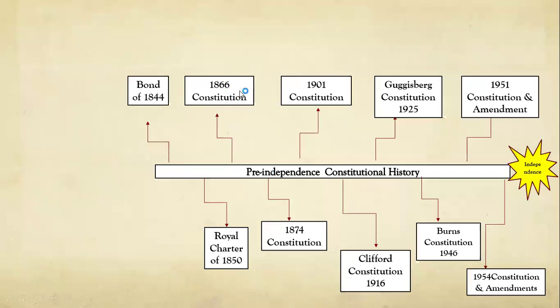So we have the 1866 Constitution, 1874 Constitution, the 1901 Constitution, 1925 Constitution. Before 1925, we had the 1916 Clifford Constitution, the 1925 Guggisberg Constitution, 1946 Burns Constitution, 1951 Constitution, 1954 Constitution, and eventually the Independence Constitution.